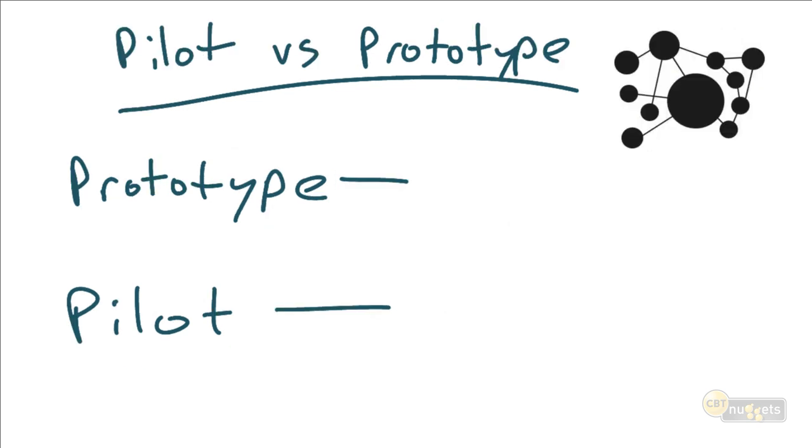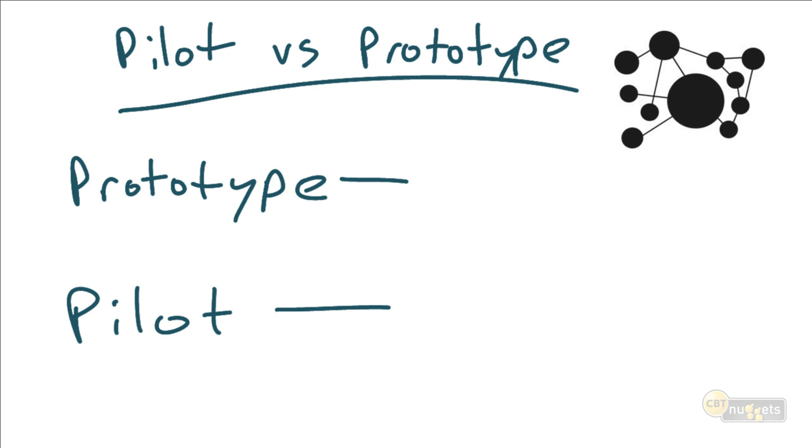Now, I've got great news for you. You've got a secret weapon when it comes to ensuring your design knocks the customer's requirements out of the park, to use a baseball analogy. These two secret weapons that you possess are pilots and prototypes.